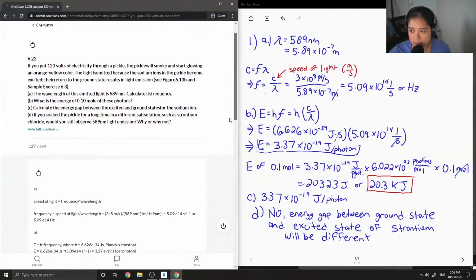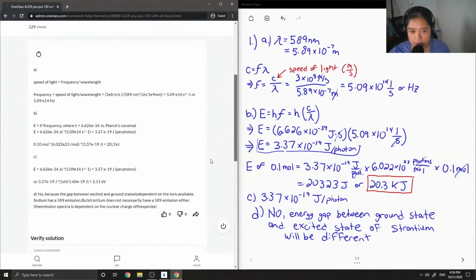And then let's check out the answer from our junior tutor. They said the speed of light equals frequency times wavelength, and then they calculated frequency to be 5.09 times 10 to the 14 hertz. For B, they also got 20.3 kilojoules.